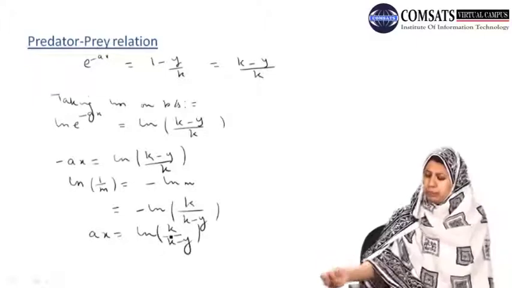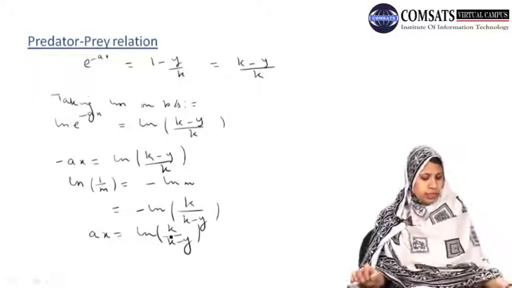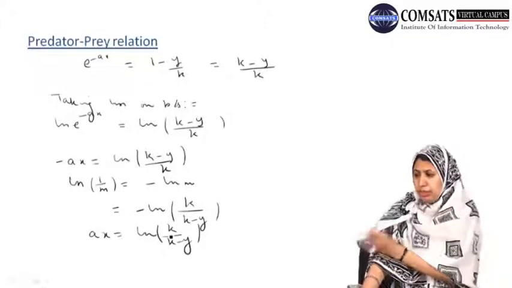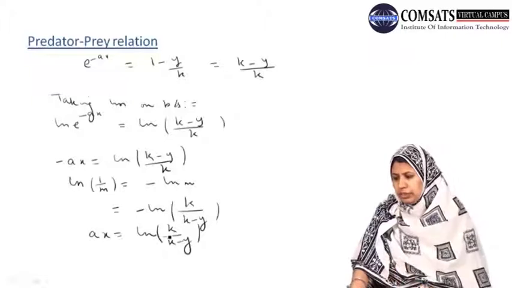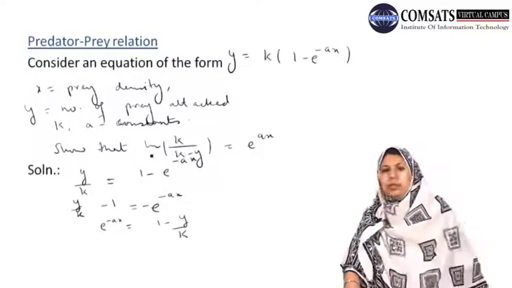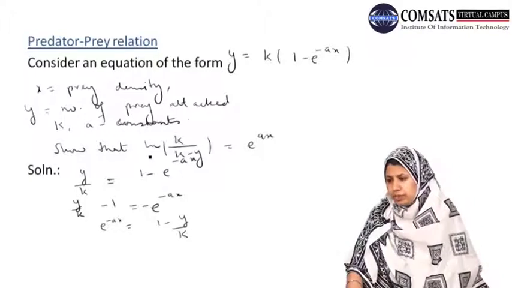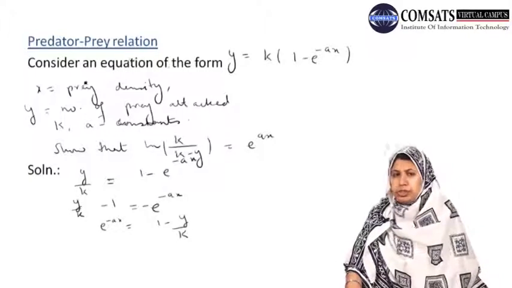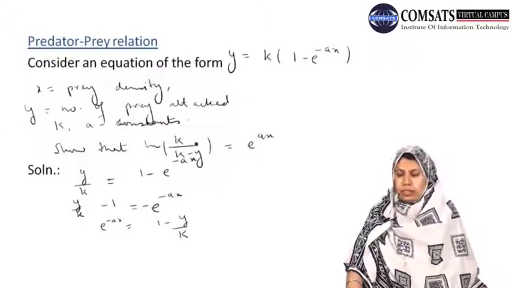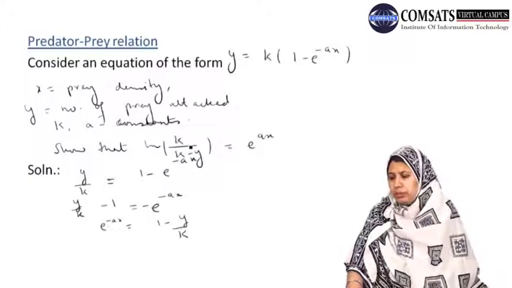So by using the properties of log functions and exponents, particularly the log functions, we have proved the relation: if we are given the equation y is equal to k into 1 minus e to the power minus ax, we can write it in the form ax is equal to natural log of some function by using the properties of log.